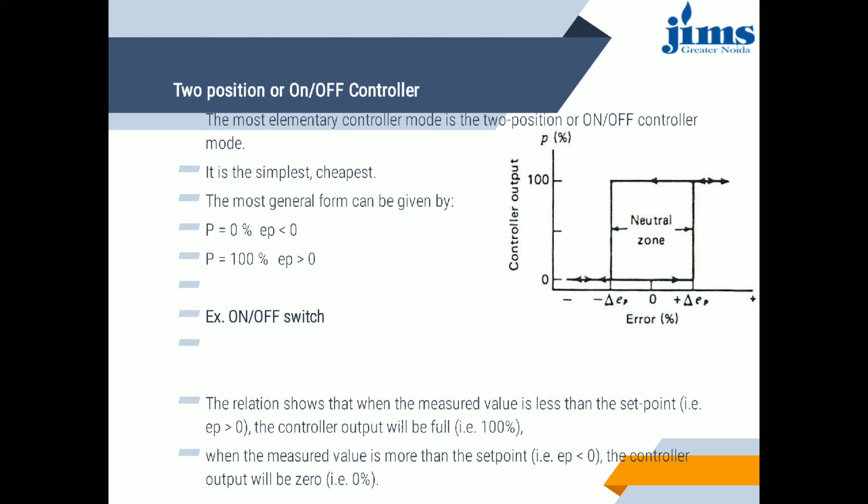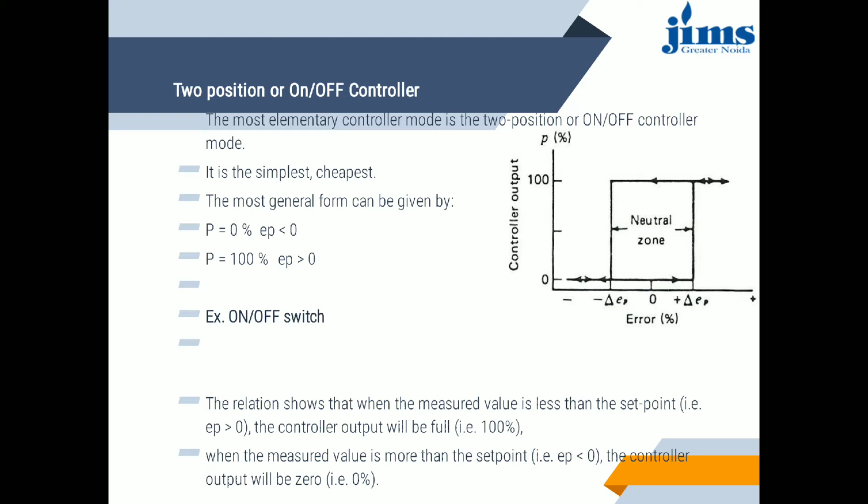In this type of control, the output of the controller is quickly changed to either a maximum or minimum value depending upon whether the control variable is greater or less than the set point, or in other words, depending upon the actuating error signal. The minimum value is usually 0 in this case.